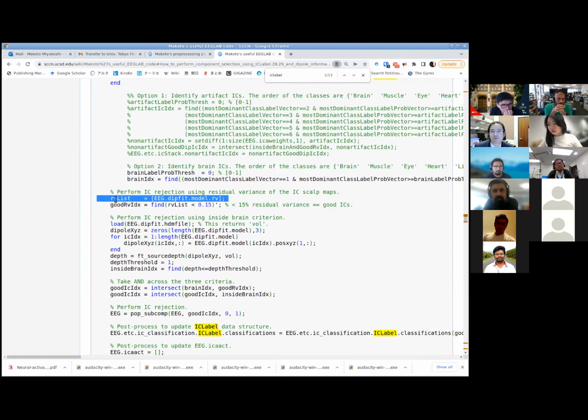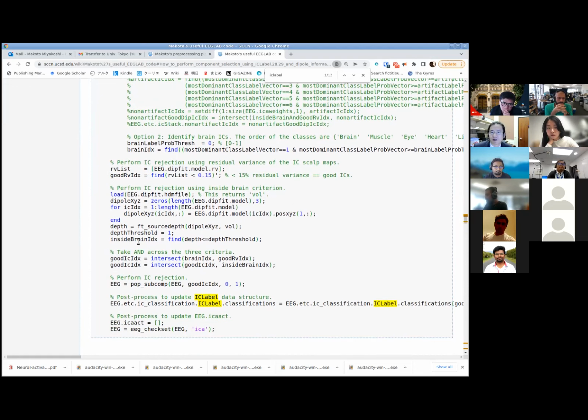Here, RV stands for residual variance. As I told you, when you fit the dipoles, this residual variance is automatically generated. I'm just checking if someone has larger than 15% of the residual variance, then that should be kicked out. And here I'm checking the inside the brain.